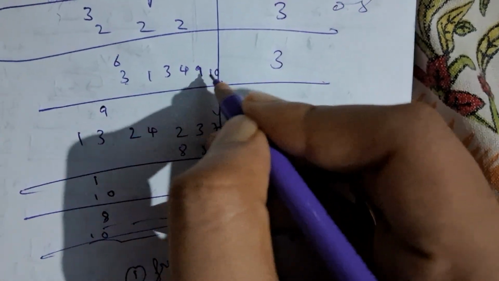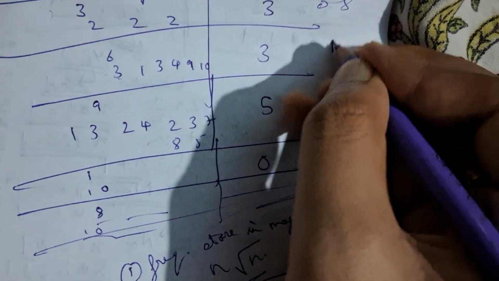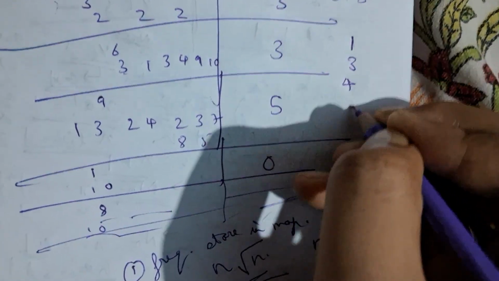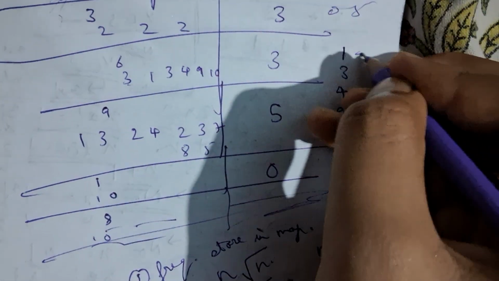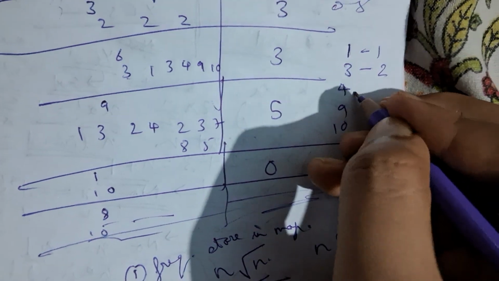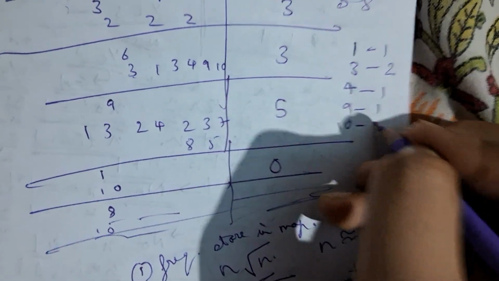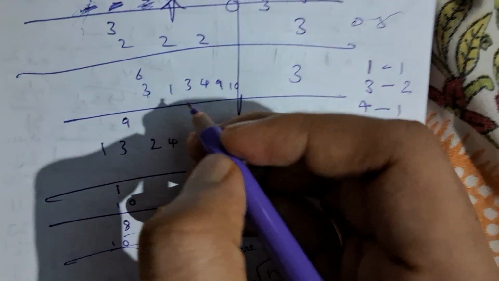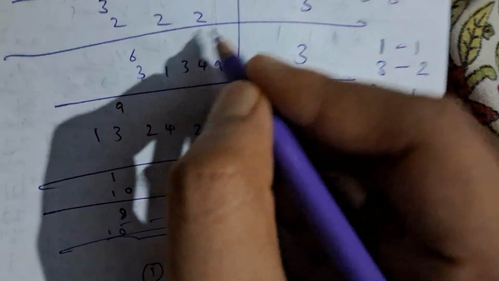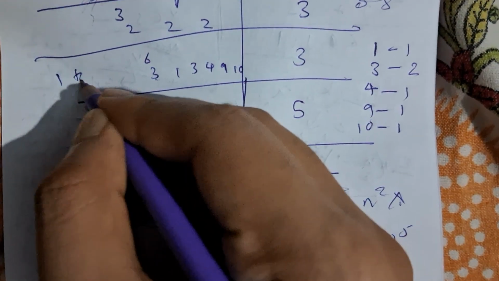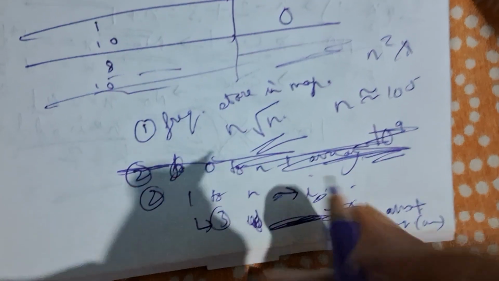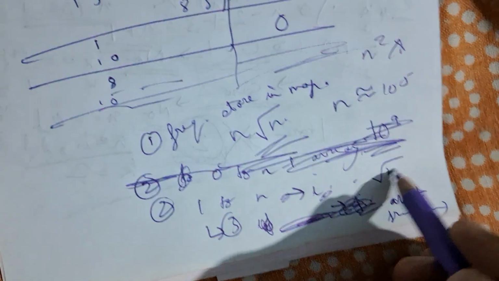Okay, a perfect example. For 3 1 3 4 9 10, the map looks like 1, 3, 4, 9, 10. 1 is present 1 time, 3 is present 2 times, 4 is present 1 time, 9 is 1 time, 10 is 1 time, right? Now you have to run a loop from 1 to 6. Remember, for checking the factors you can do it in square root of n.